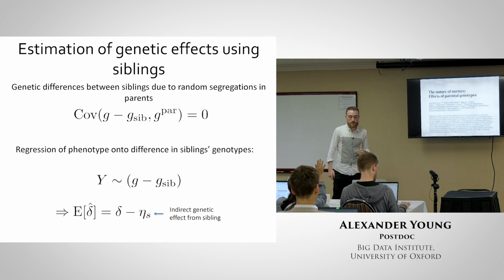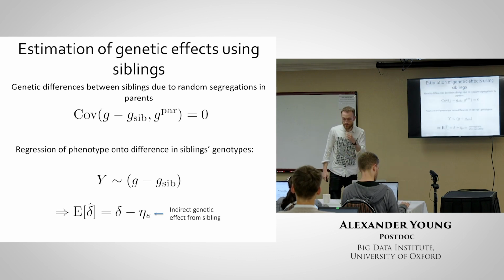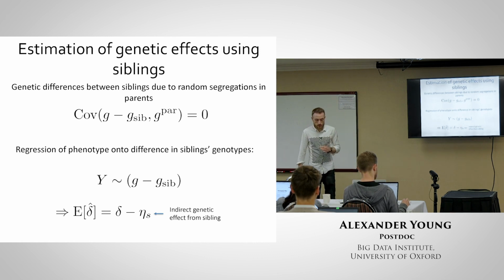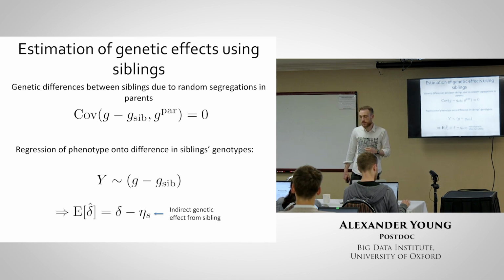Okay. So, yeah? That might be a silly question, but this all hinges on the randomness of what you inherit. How do we know for sure that that's completely exogenous of environment? Well, no, I guess we don't, but it's probably about as robust an assumption as you ever get in the biological sciences.